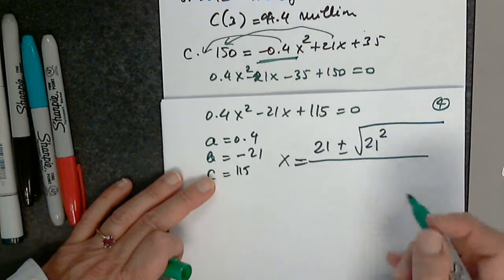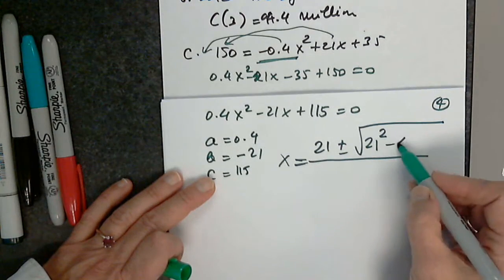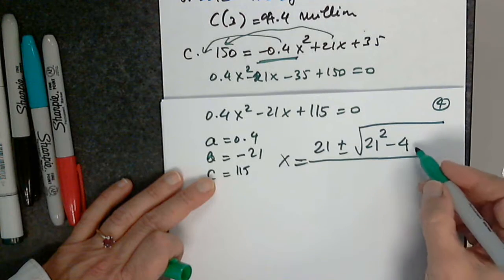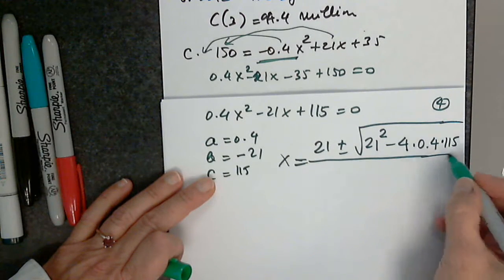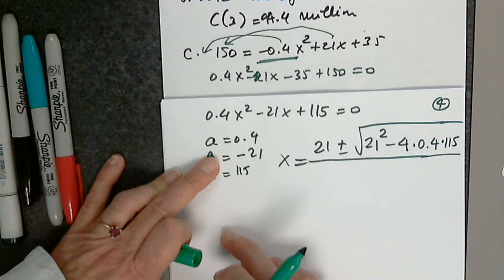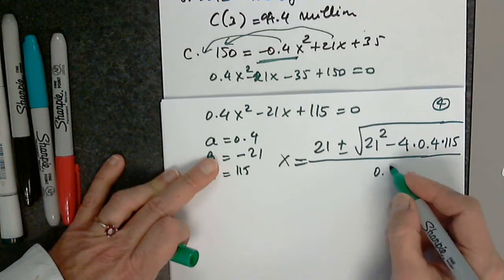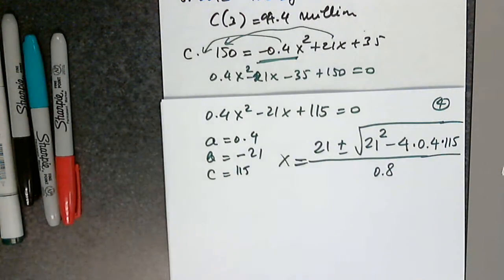Just write 21 squared minus 4 times A times C, 0.4 times 115. Everything divided by 2 times A, which is 0.8. Tell me if you agree with this. Yes? So 21 plus or minus square root of 21 squared minus 4AC divided by 2 times A, 2 times 0.4 is 0.8. So now let's do this together.